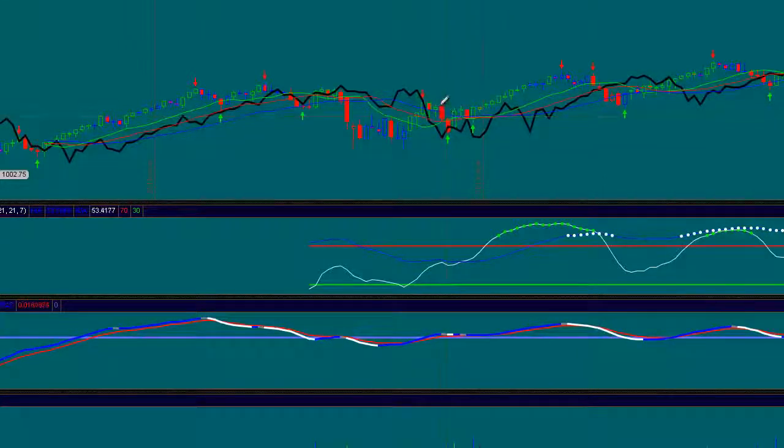So that's the premise behind the alligator indicator, and I'll spend another video another time on this because it is a wonderful trading indicator or group of indicators.